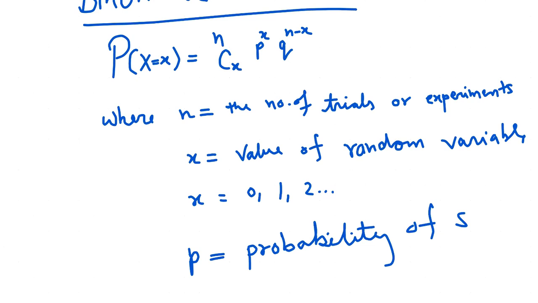Like if we want to find the probability of a number of hats, say in 1,000 tosses we need to find 700 hats, right?